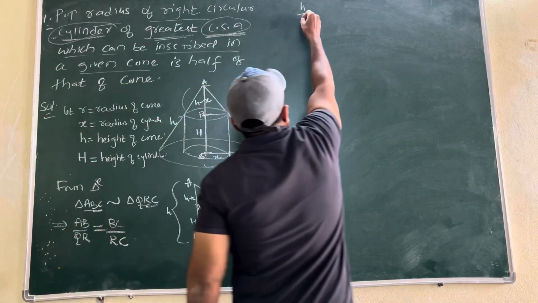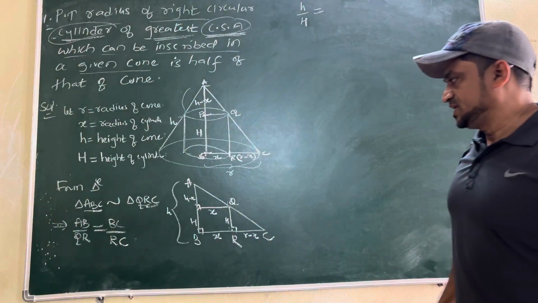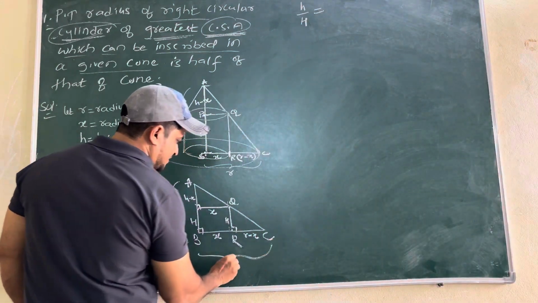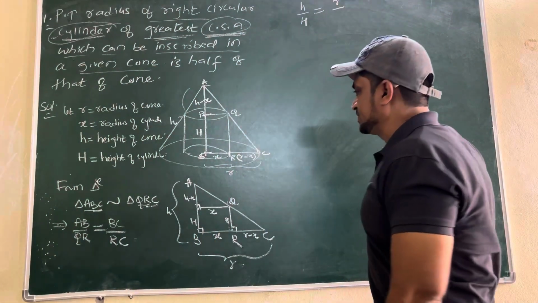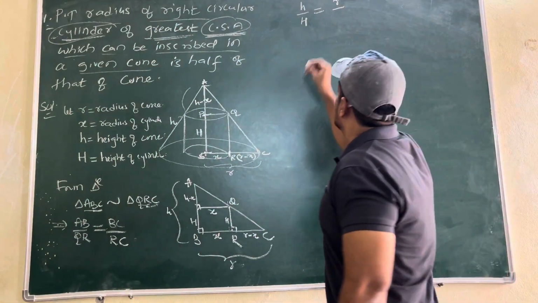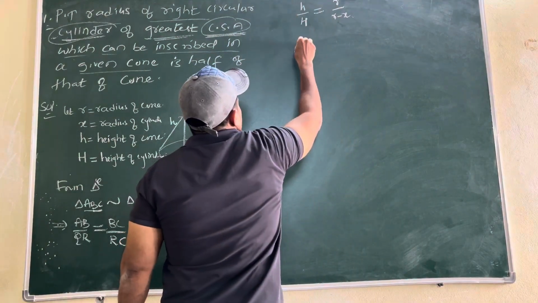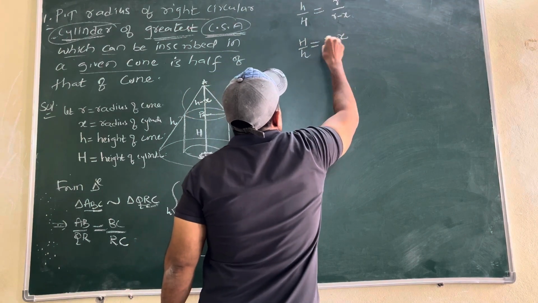QR is capital H, equals to BC. This one, this total length r, divided by RC, r minus x. In this one, reverse this value. h by H equals r minus x by r.